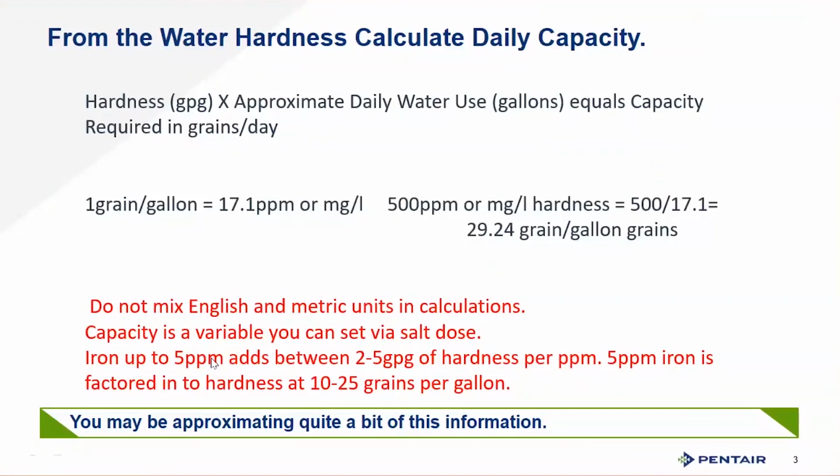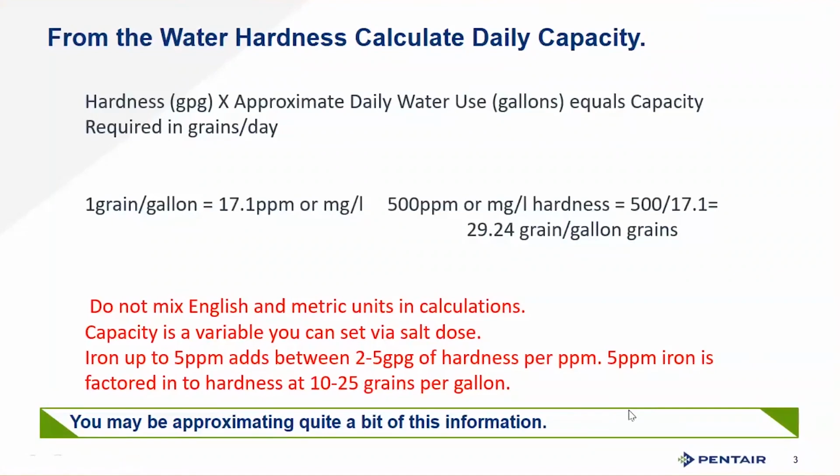That's the fudge factor. You're going to add that to your total. So 5 ppm of iron is factored into the hardness at an additional 10 to 25 grains per gallon, depending upon your water chemistry. We're not going to go down that rabbit hole yet. Just some background information. So you're going to be approximating some of this information if you don't have it. That's where this gets wonky.